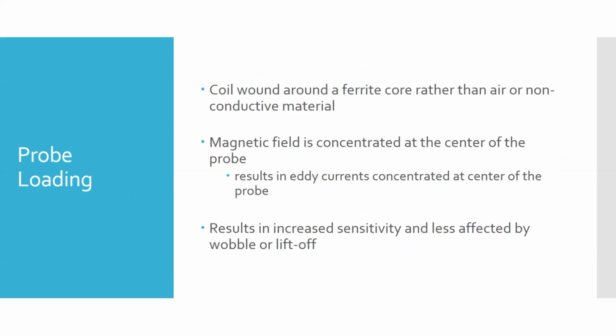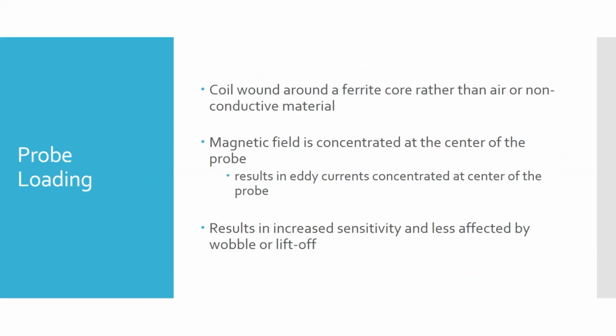And so if we wind it around a ferrite core, a ferromagnetic material, rather than a plastic or just a hollow, air-filled space, that also is going to help concentrate the magnetic field in front of the coil, in the direction that we want that coil to be looking, so to speak.